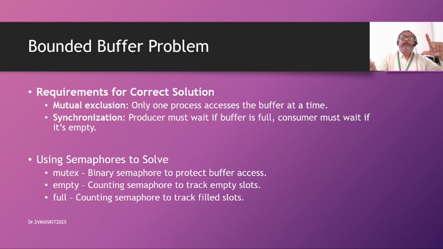So on one side, the producer as well as the consumer keep track of whether the shared buffer is available to use or not. On the second side, the producer checks, is there any empty slot? If yes, write. If no, wait. In the same way, the consumer verifies, is any data available in the shared buffer? If yes, read it. If no, wait.